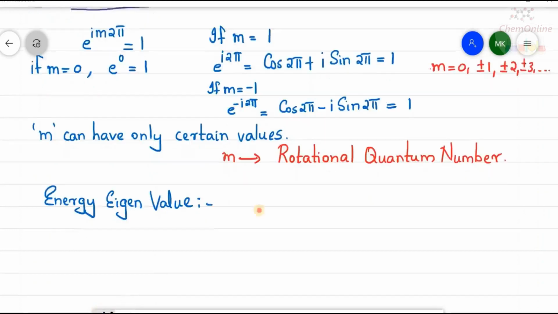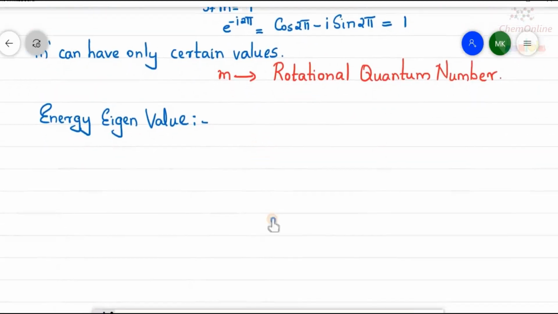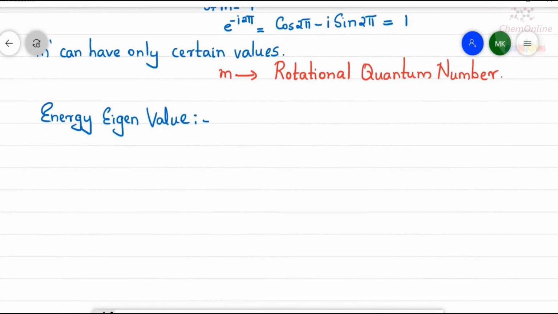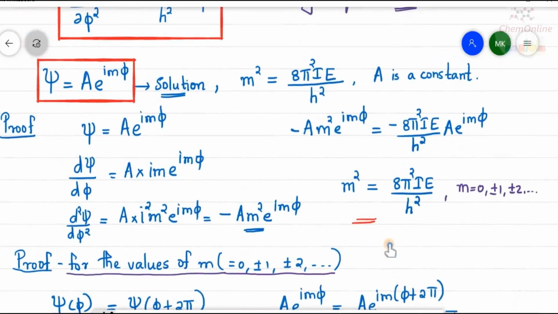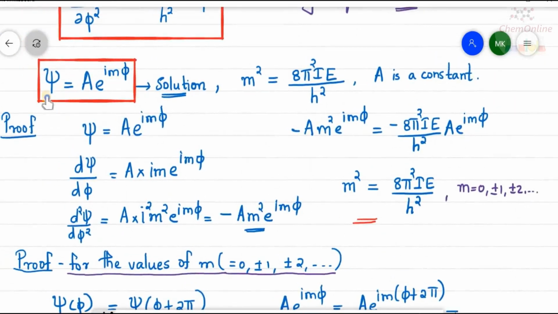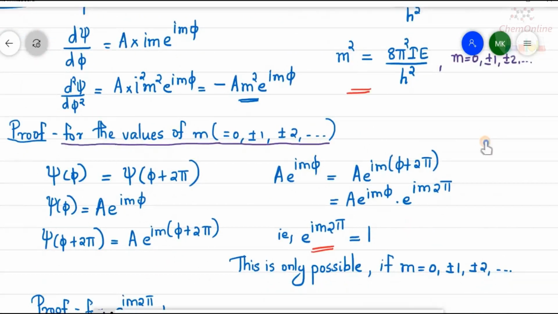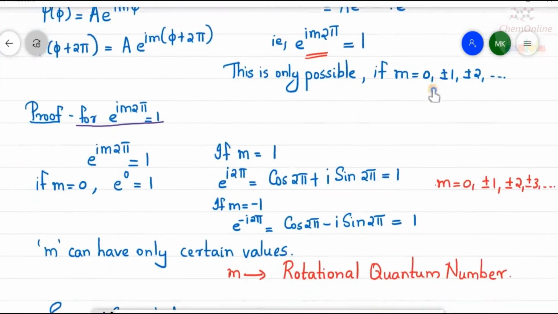So from this, we can calculate the energy eigenvalue. We proved that the solution for the Schrodinger equation for plane rotation is xi equals a e raised to im phi only if m square is equal to 8 pi square IE by h square. So from this, we can calculate the energy eigenvalue.